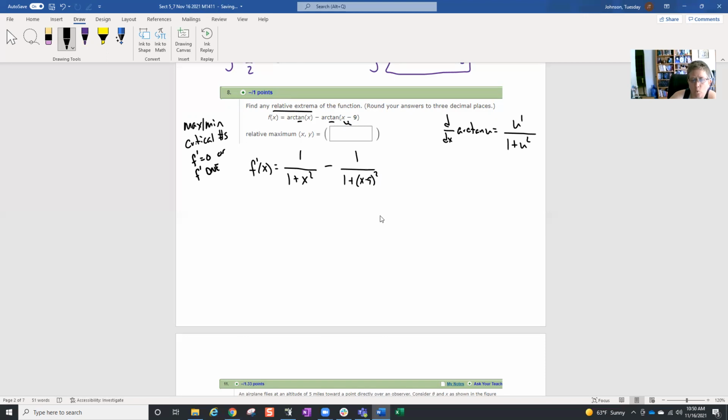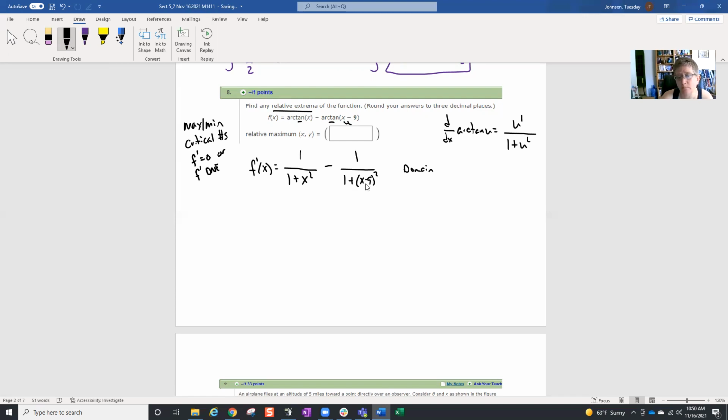Now, when I'm looking here at the domain of our derivative, we have to check where it does not exist. It doesn't matter what x is, whether x is positive, negative, or 0, x squared will be 0 or positive. And when I add 1 to that, the lowest this denominator could ever be is 1. So that denominator is never 0.